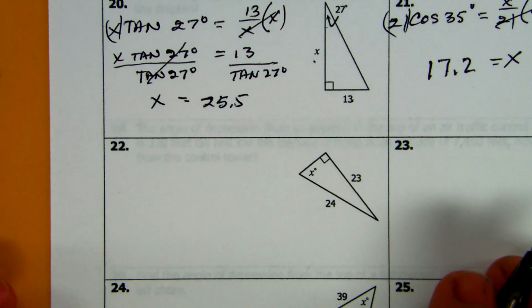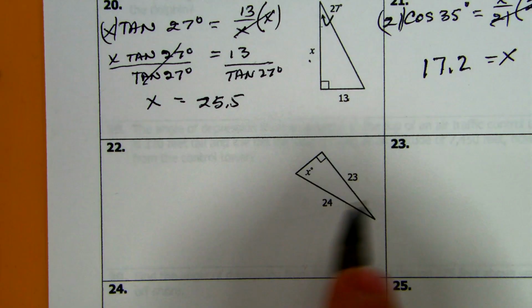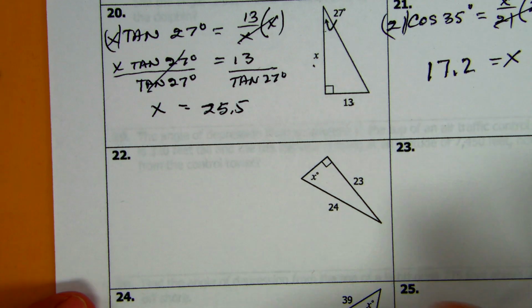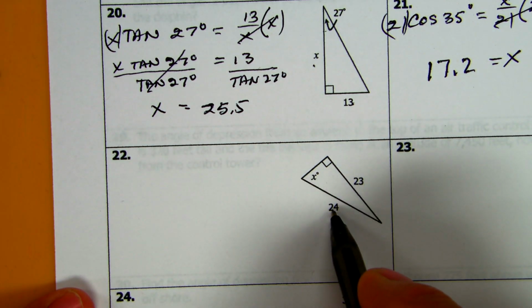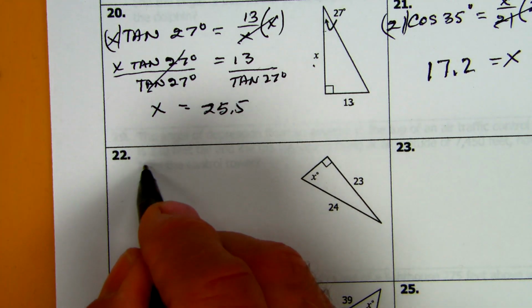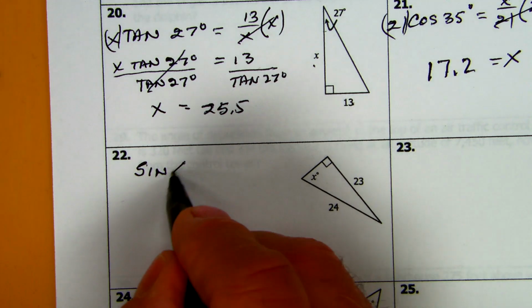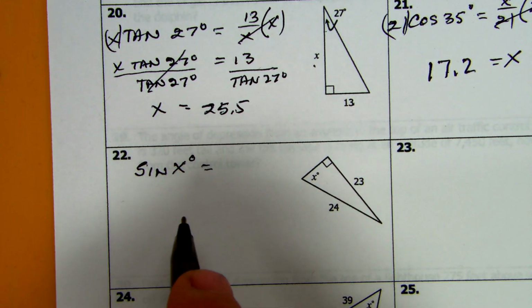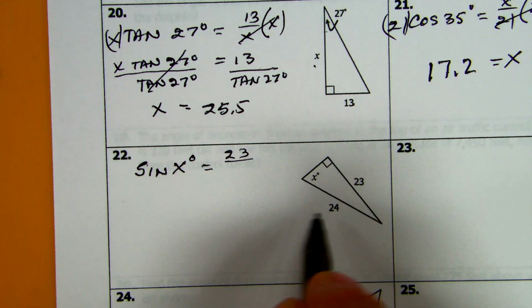Let's look at 22. So here in 22, now this is different. They want us to find x, the angle. So a little bit different. So let's see how we do this. So this is the opposite over the hypotenuse. So that's the sine. So I'm going to say the sine of x is equal to the opposite over the hypotenuse.